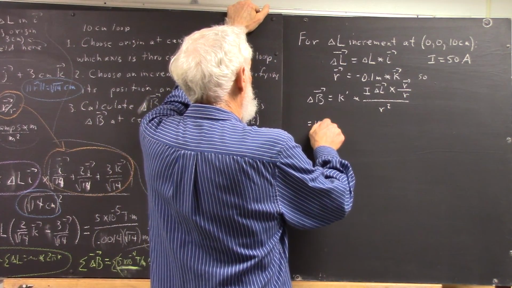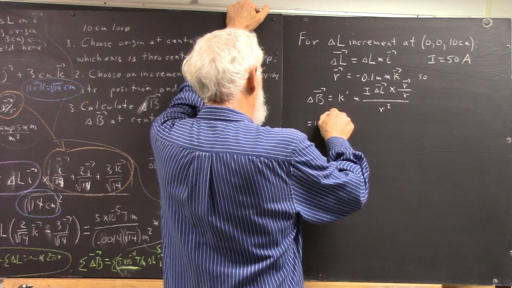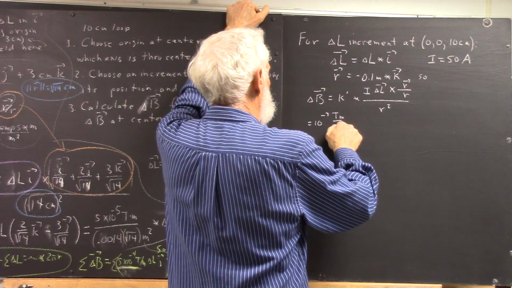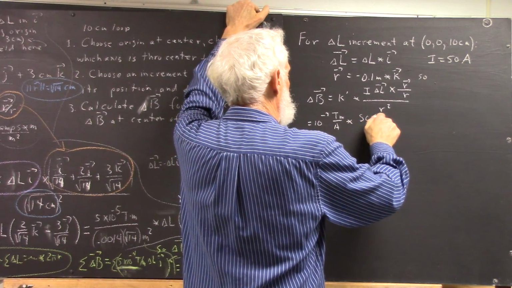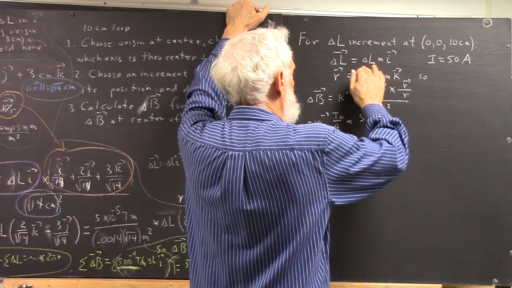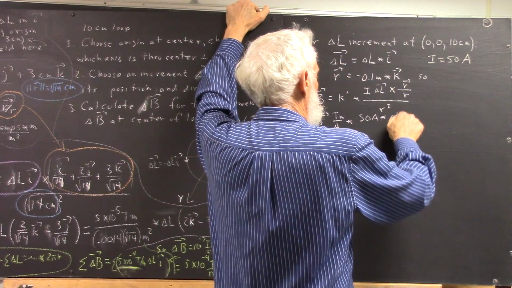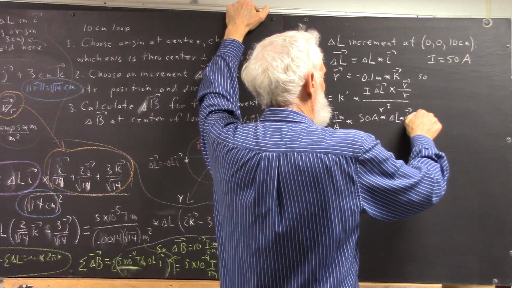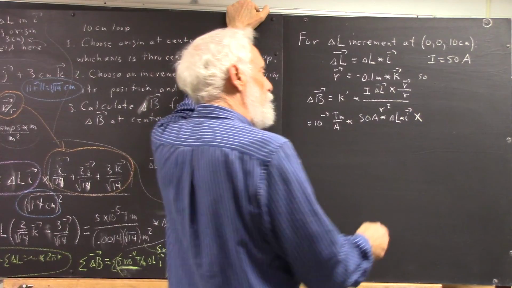We got 10 to the negative 7th Tesla meters per amp times 50 amps times our I delta L, our delta L vector, which is our magnitude delta L times I, crossed with our R divided by magnitude of R vector.